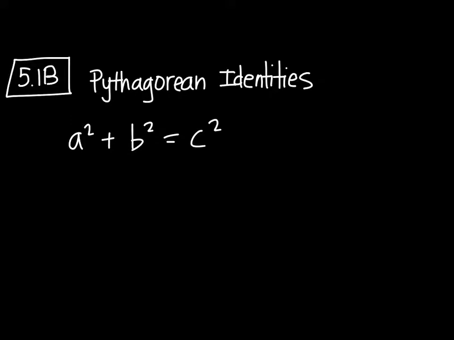Our Pythagorean identities in trig look a lot like that because they come from the Pythagorean theorem. It's like x squared plus y squared equals z squared.